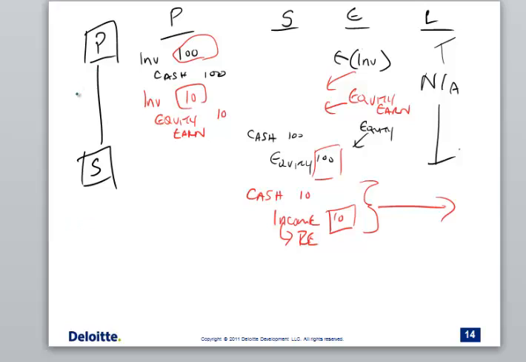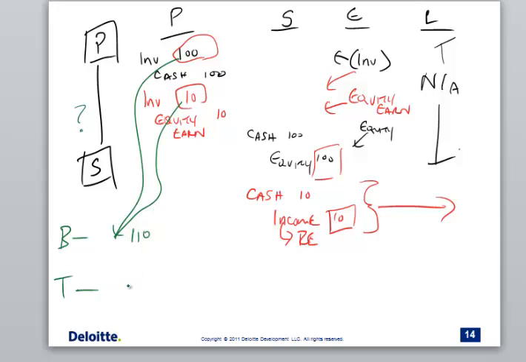Okay? So if I asked, what is the basis difference in P's investment in S? I have a book basis of $110. What is my tax basis in S? 100.